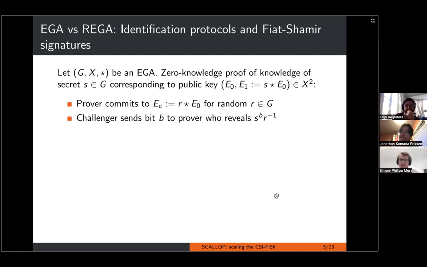The challenger will send back a bit challenge, so 0 or 1, upon which the prover reveals the secret element to the bit, so 0 or 1, times the inverse of the random element sampled in the group.